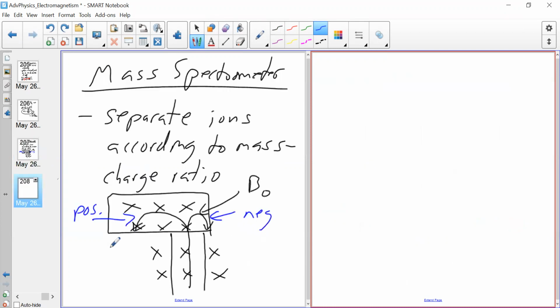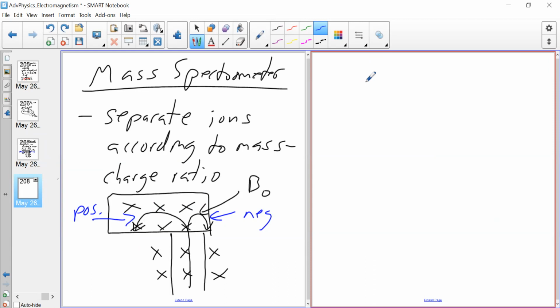Now, in this top region, we can determine this mass charge ratio. Up here it's going to be a semicircle, basically circular motion being produced here.